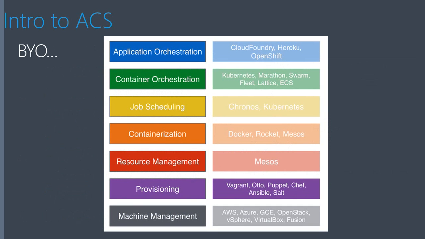Now, let's try to get the whole picture. Let's try to see where Azure Container Services and all of this stuff fit into the big picture. So in general terms, we have application orchestration with frameworks like OpenShift, Cloud Foundry, and so on.